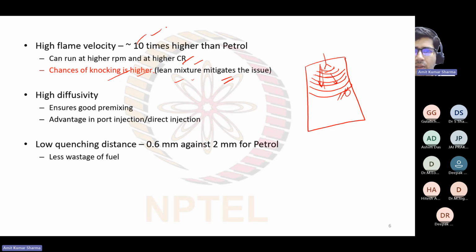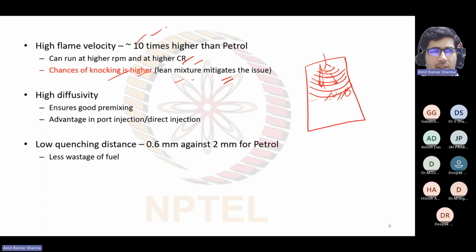The uniformity in the combustion will not be there, and sudden combustion of this front will occur, and maybe the next front also. So this front will ignite before time. Due to this, you will hear an abrupt sound, that is called knocking.